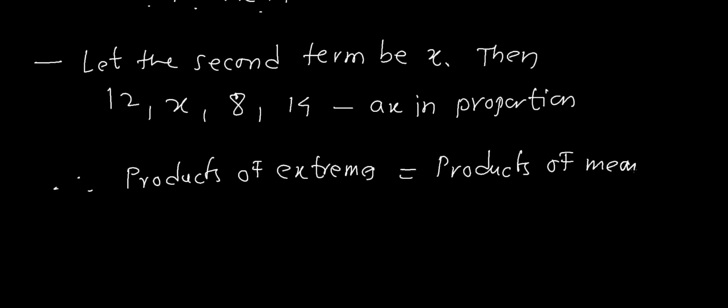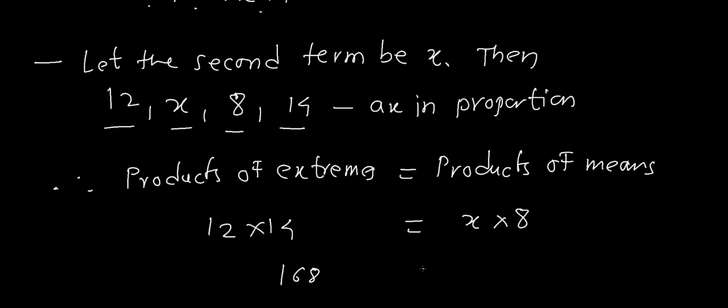That's the verification of proportion. So here extremes are 12 and 14, means are x and 8. So 12 into 14 equals x into 8. So 12 14s are 168 equals 8x.